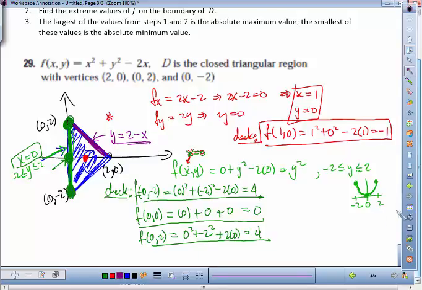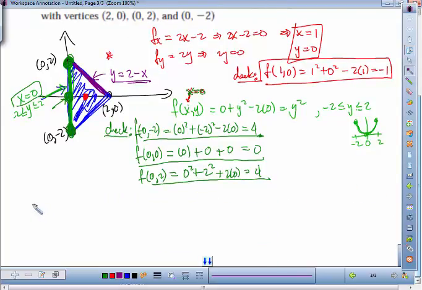So for our next function, we're going to have f of (x, y), except we're going to say y is equal to 2 minus x.